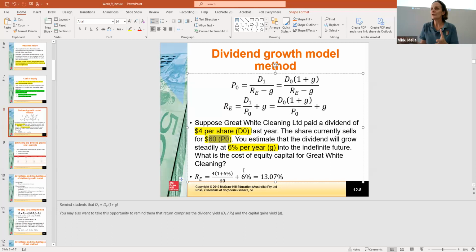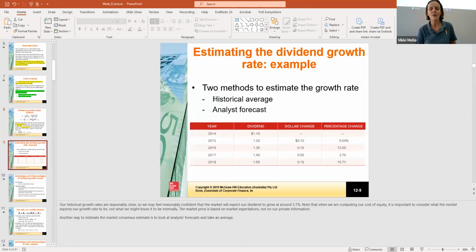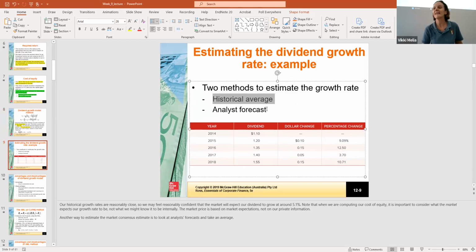So what we would do if I was trying to do this in practice is normally we would have a look at their historical dividends and estimate the average growth rate in their dividends over a period of time. And this example here is quite limited because we're only looking at 4 growth rates.